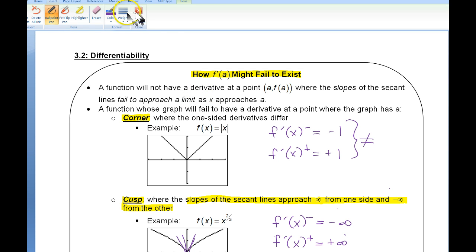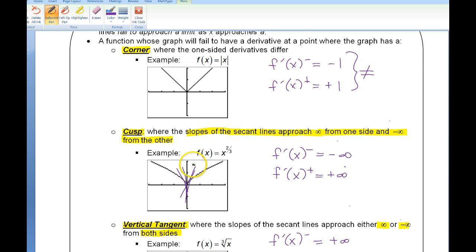Remember, f prime of a means the derivative, which is the slope of the tangent. When we have a corner, from the left and the right they have different slopes. That's one example. We also have a cusp.